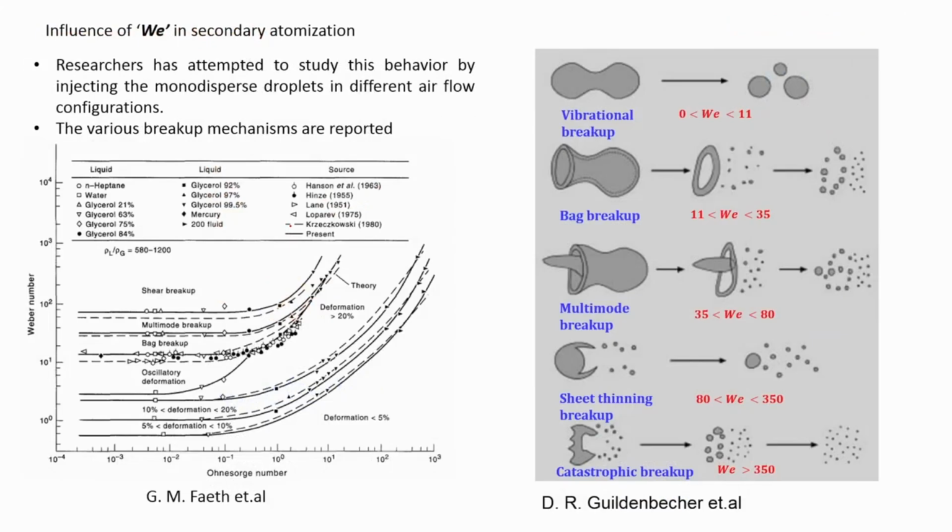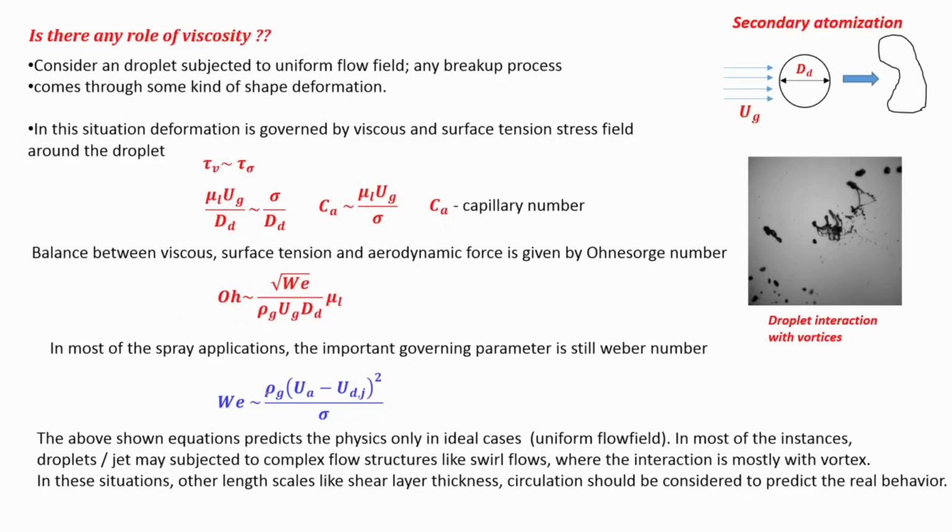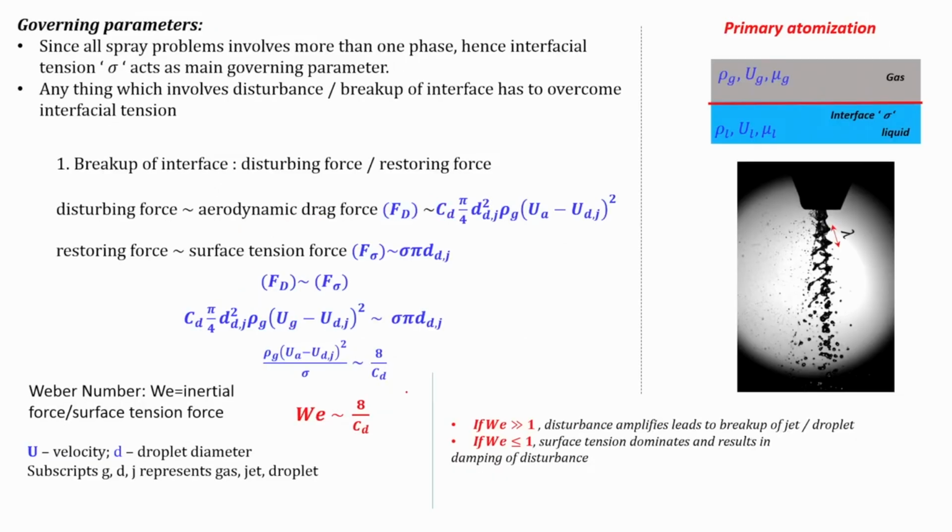We also showed that the Ohnesorge number is a viscous effect, and that it only becomes important after roughly 1. And we defined what the Weber number is; once again there is a D over here, which you should remember, and this also has a D. The Weber number is the key important parameter, always keep that in mind.